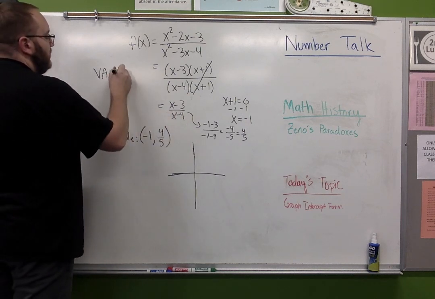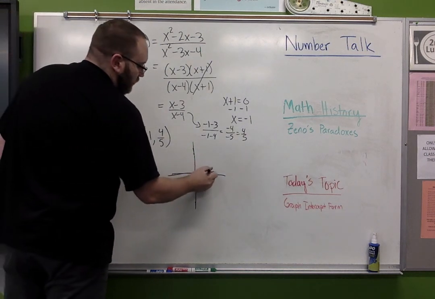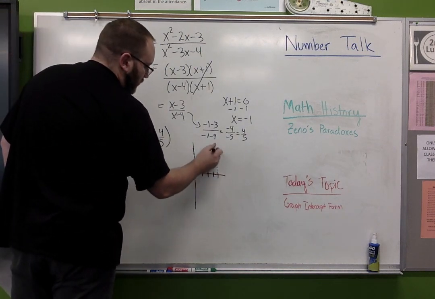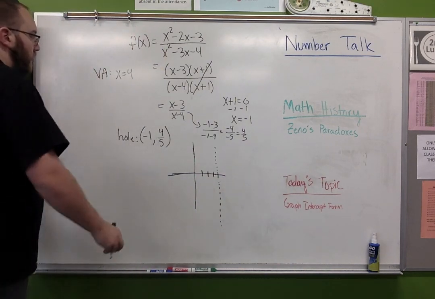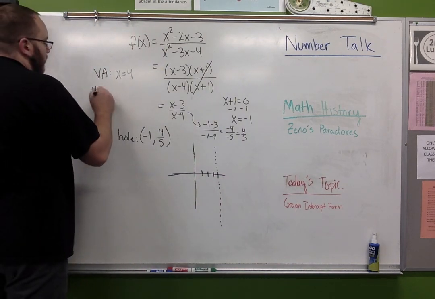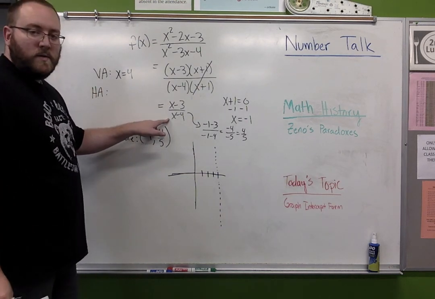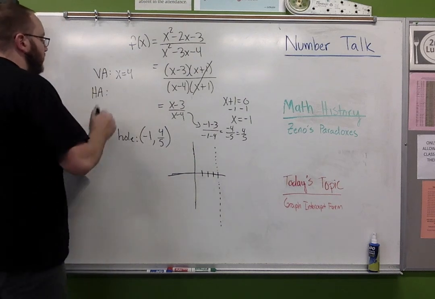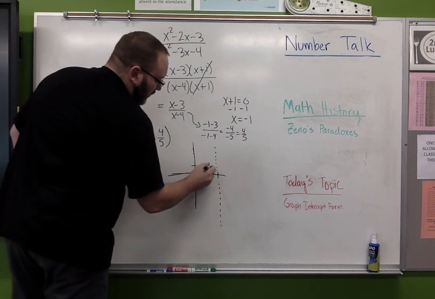X minus 4 equals 0, so x equals 4 is a vertical asymptote. 1, 2, 3, 4. Horizontal asymptote, degree 1 divided by degree 1, so leading coefficient divided by leading coefficient, y equals 1. That's my horizontal asymptote.